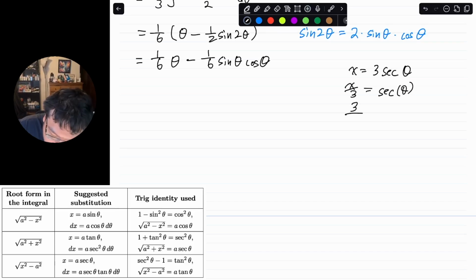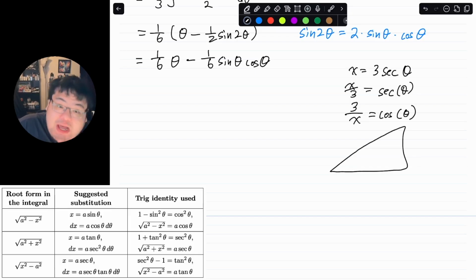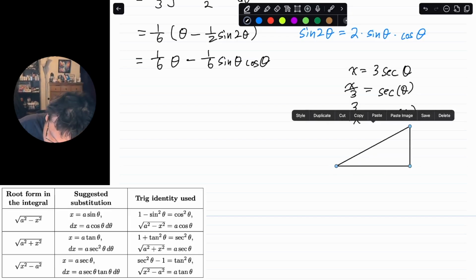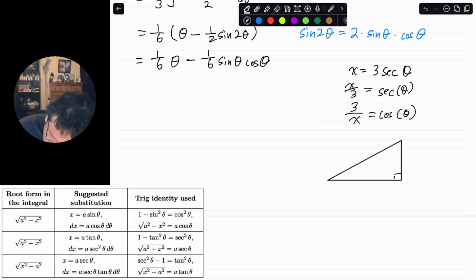So 3 over x will be cosine theta. So now we can draw a triangle. Put it here. This is my theta. Cosine would be 3 over x. It's the adjacent side divided by the hypotenuse. So this guy, using the Pythagorean theorem, is just the square root of x squared minus 9.